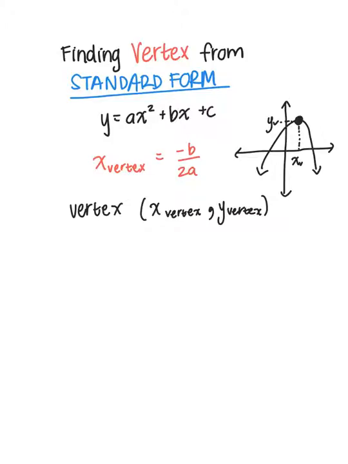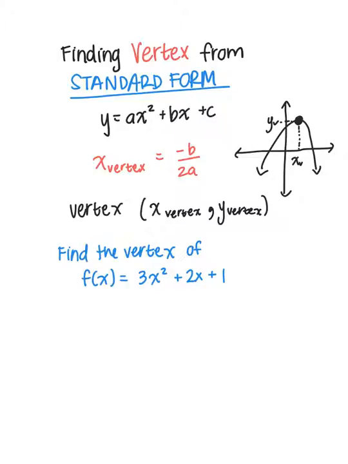Okay, so let's work through an example. Say we are given an equation that's asking us to find the vertex of f of x equals 3x squared plus 2x plus 1.